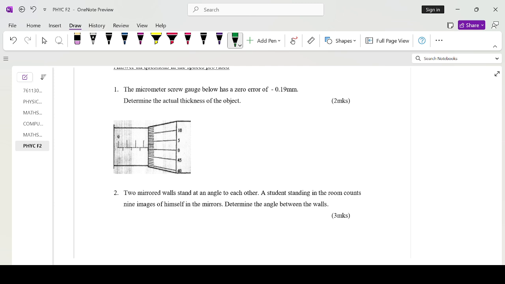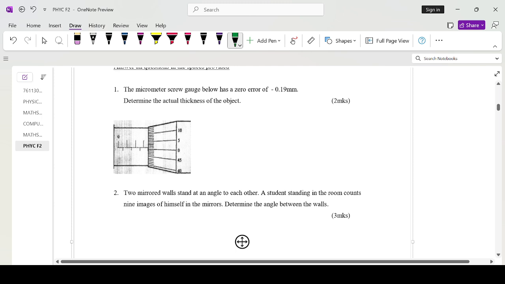When you look at this reading here, this is 0, 1, 2, 3. Then below it, you can see easily, we are having another dot.